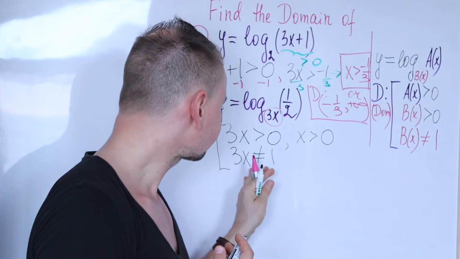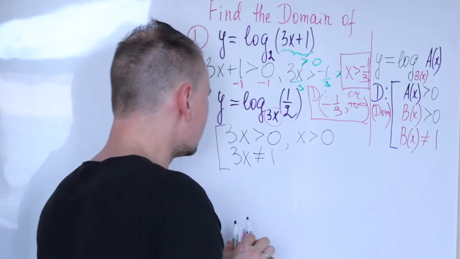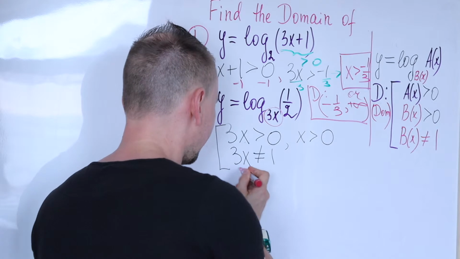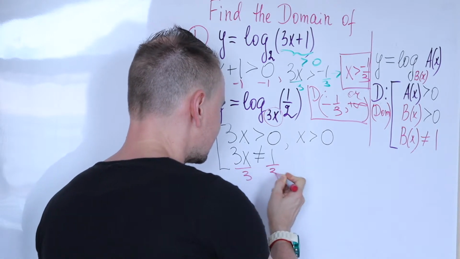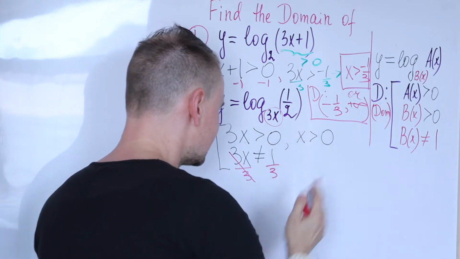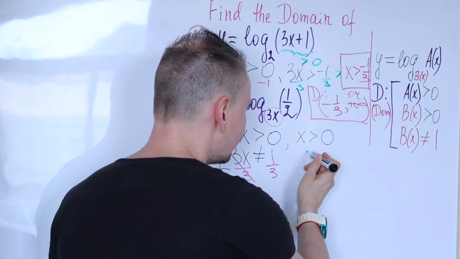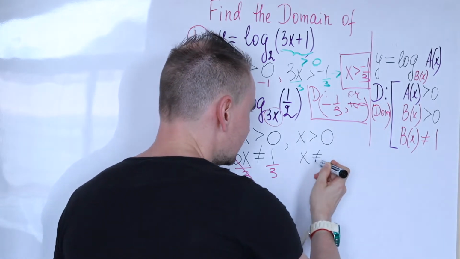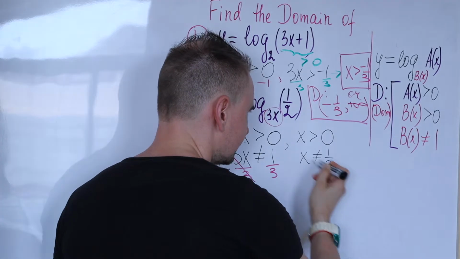And for the second one, all you do is simply divide by 3 both sides. You want to get x alone, and 3 disappears. So you will be left with x is not equal to 1/3.